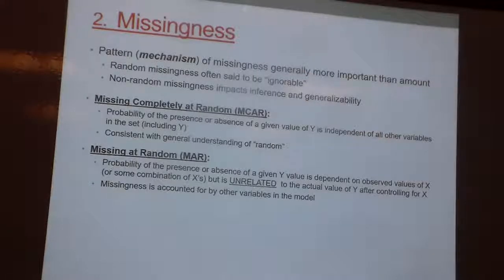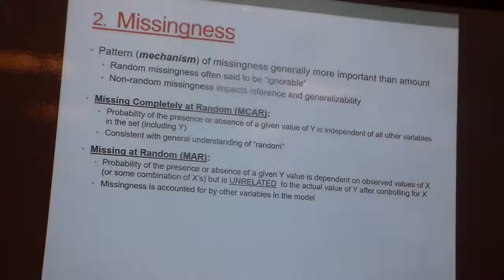But the probability of Y being present or absent is unrelated to the actual value of Y after we control for X. Basically, if something is missing at random, missingness is accounted for by other variables in the model.